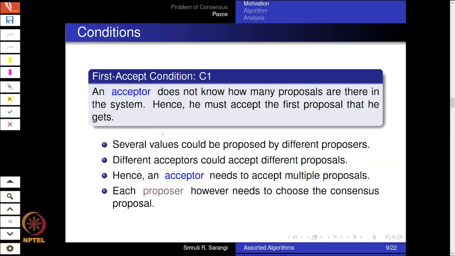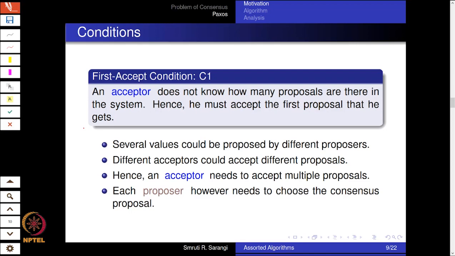The main motivation of the algorithm actually comes from several conditions that we will name C1, C2, C2A, C2B, etc. Let's outline these conditions. The first condition is called the first accept condition, condition C1. If I am an acceptor, I do not know how many proposals are there in the system, right? Any node in a distributed system always has a very local view.